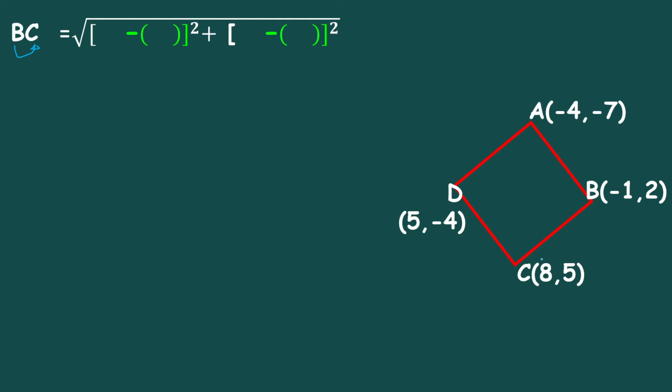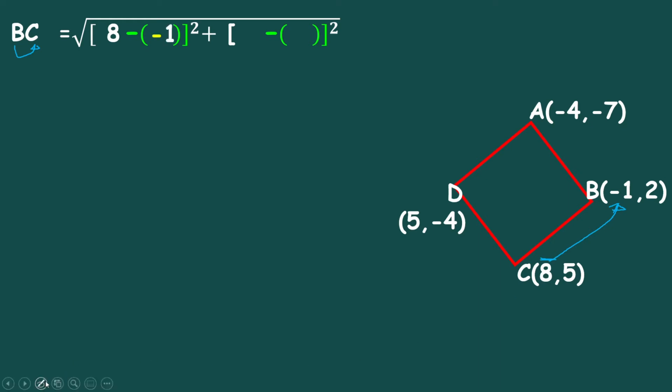Tell me the x coordinate of point C is how much? 8 minus, the x coordinate of point B is how much? -1, its bracket square plus.